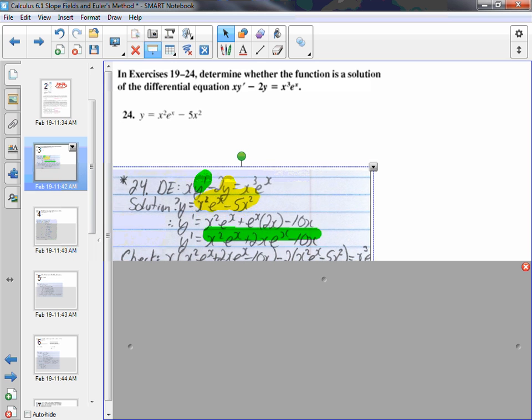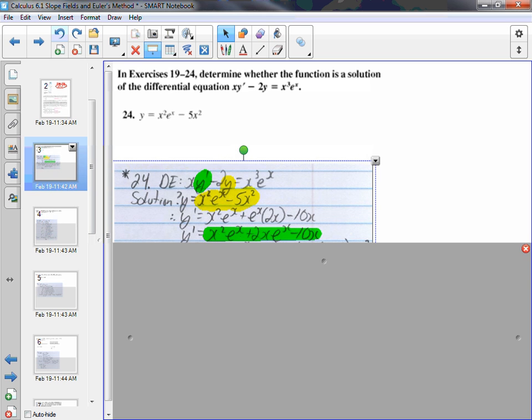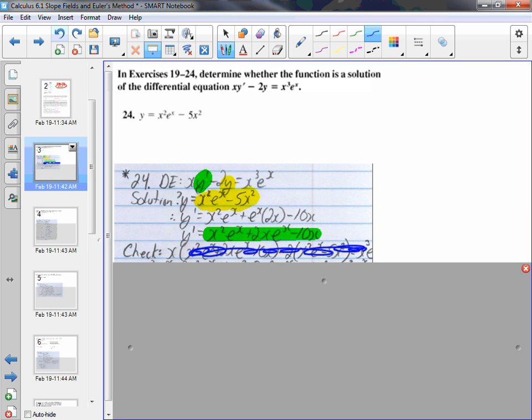So we write x. Uh-oh, didn't want that. We write x. But instead of y prime, we put what we found y prime to equal, which is x squared e to the x plus 2x e to the x minus 10x.